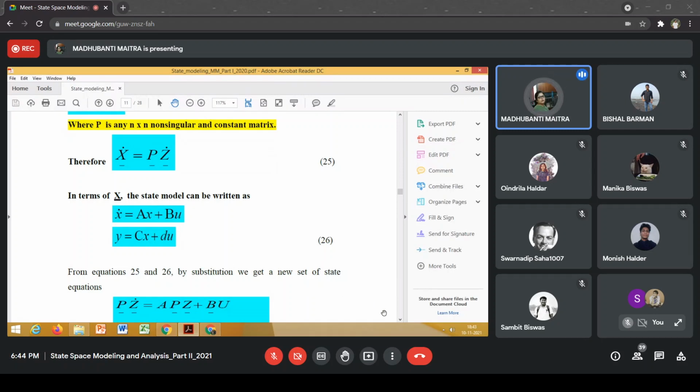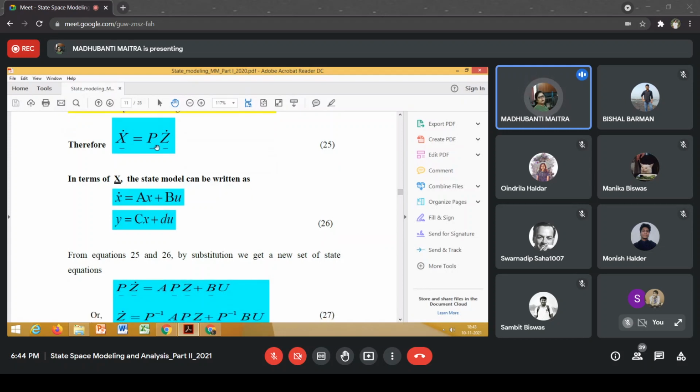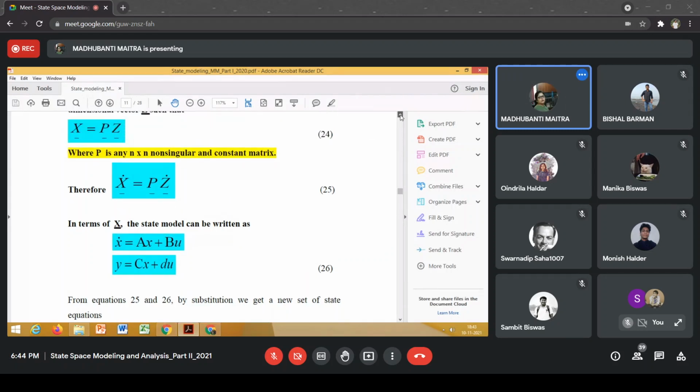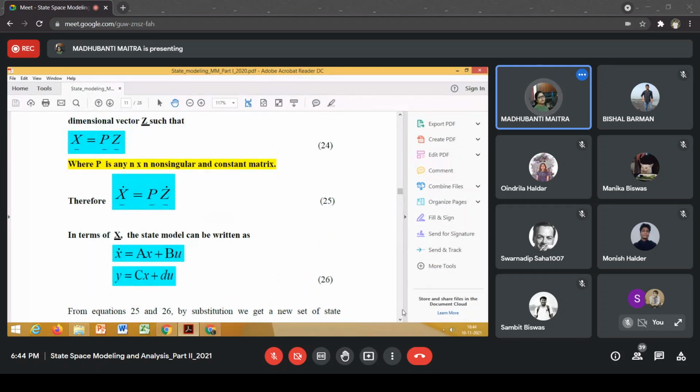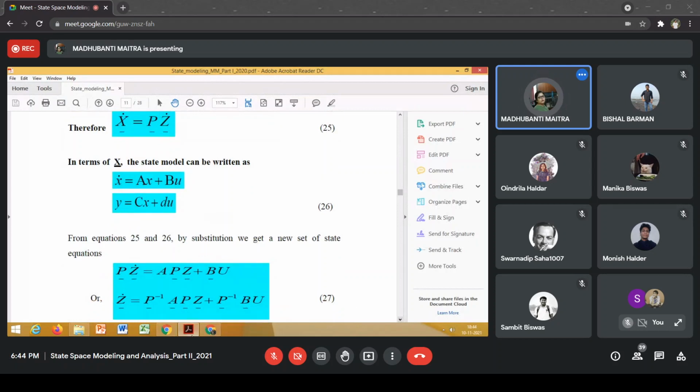So x bar dot is equal to, from this equation, P z bar dot, and Ax will be A into Pz. From this equation, we can write Ax as APz, and in the second part, since no x is present, it will be Bu.